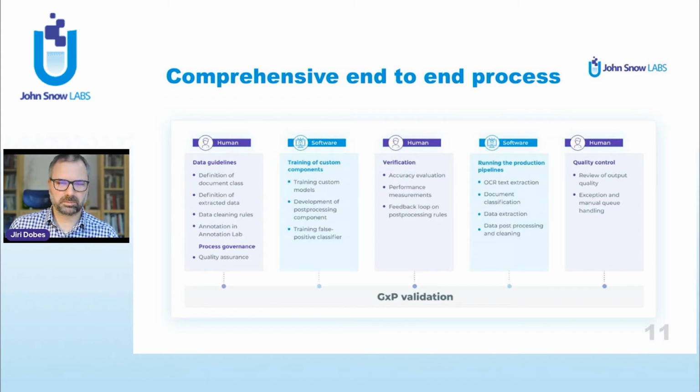Then code the custom training models, develop post-processing components, develop the false positive classifier, and verify the accuracy. So the first step is verification of the accuracy, check the performance metrics, and maybe adjust the pipelines in the software, and then you run the production pipelines.